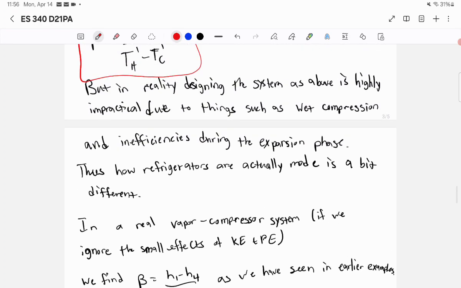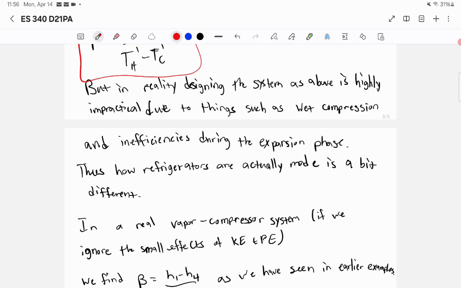In real systems, there's something called wet compression, which makes things highly inefficient. If the working fluid is not exactly in the mixture that you would like when you go through the compression phase, that's going to be an issue, and wet compression can ruin any kind of efficiency in the system.